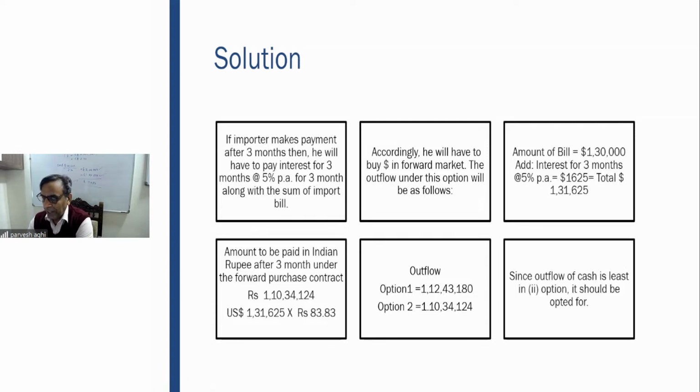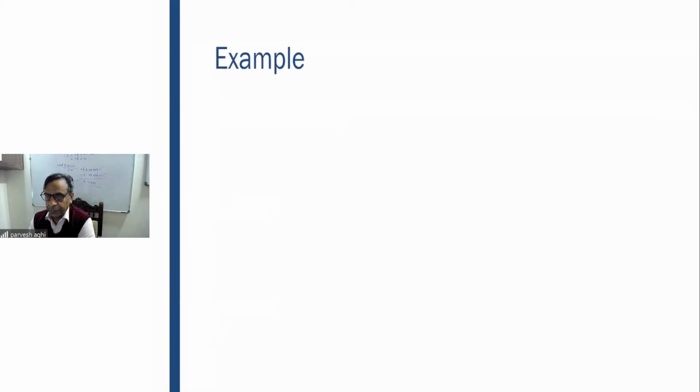Since the outflow of cash is least in the second option, it should be opted for. So he should tell the exporter that he will make the payment after 3 months along with interest, using the forward rate. He should go for the forward rate, which will give him the best return, the best kind of situation.